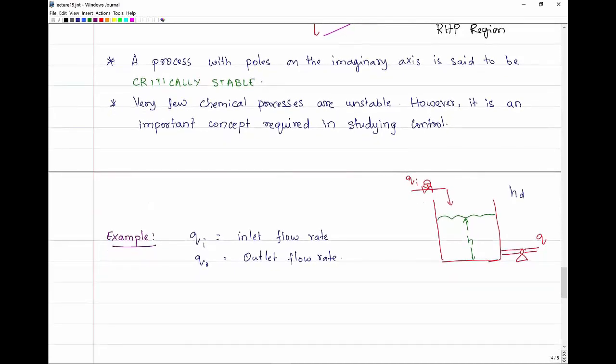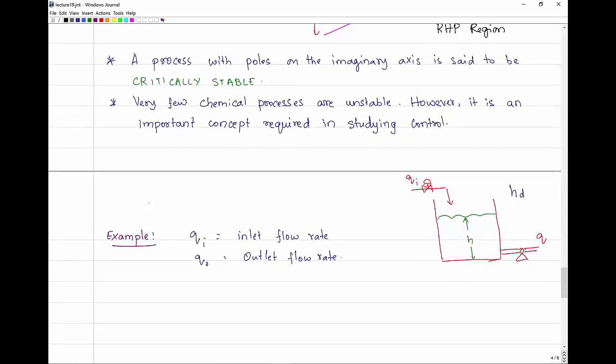In the next lecture, we're going to look at an example of how instability might arise in a process. Here's the intuitive idea. If you have a simple tank with an inlet flow rate and an outlet flow rate, and you design a controller that increases the flow rate when the height of the tank is greater than the desired height, or decreases flow rate when the height of the tank is less than the desired height, the controller would actually be doing the opposite of what one needs to do in order to push the height towards the desired set point.